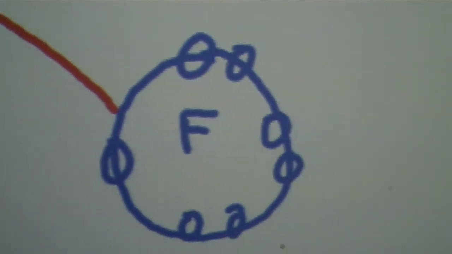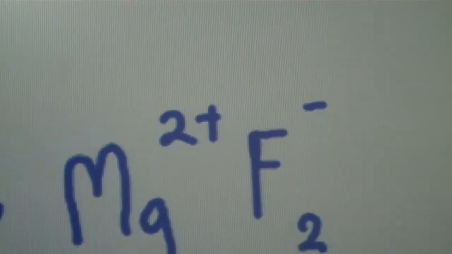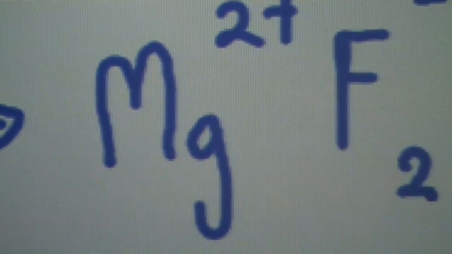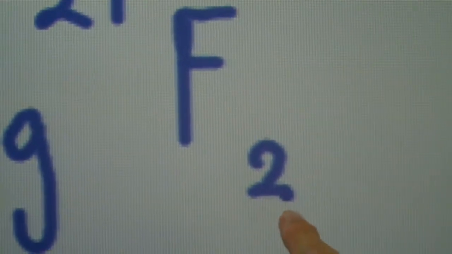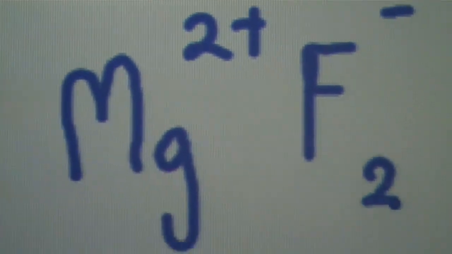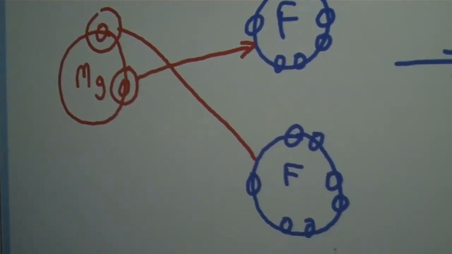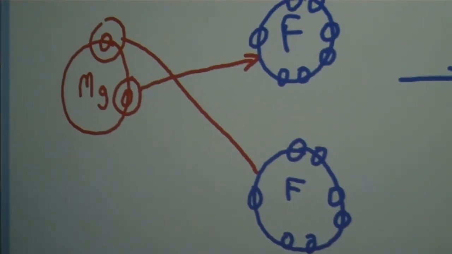This electron will go to the second fluorine. So we end up with a compound. Magnesium has lost 2 electrons, so it has a 2 positive charge. Each fluorine has gained 1 electron, so each has a 1 negative charge, but this 2 tells us that there are 2 fluorines. So magnesium needs to react with 2 fluorines to achieve a full outer shell.